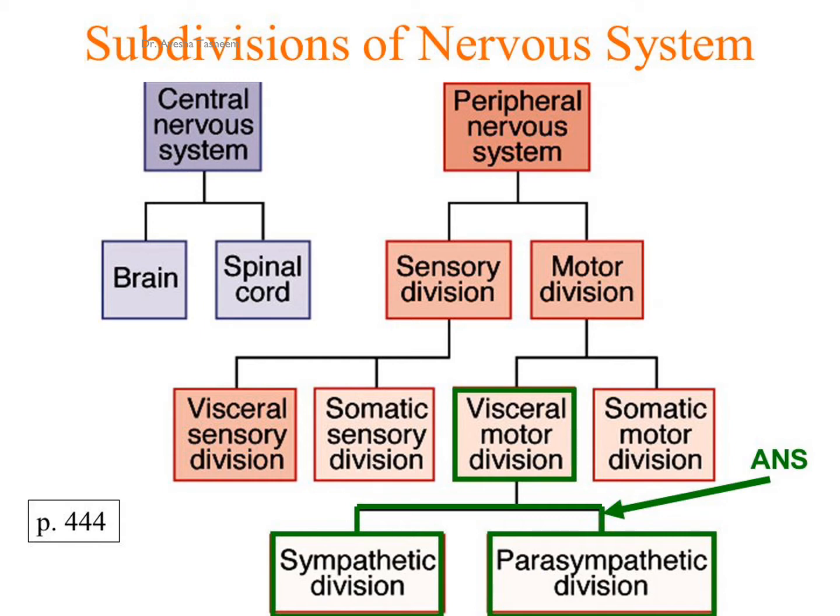In this lecture, we will discuss visceral motor division that constitutes autonomic nervous system. Before doing autonomic nervous system, we will discuss some major regions of the brain.